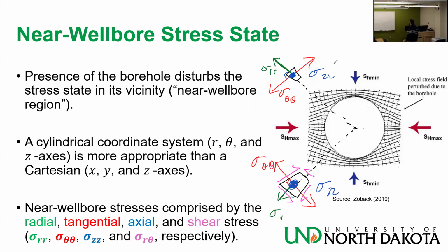Some people say sigma ii, and no matter what that direction is, it just needs to be the same component. And then, of course, I have the shear, sigma r theta. Here it's going to look like this. And again, the arrow's direction will depend on the value of the stress.